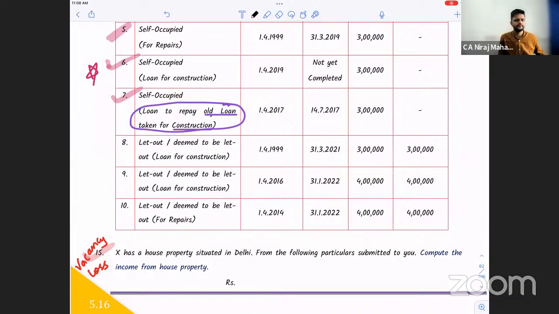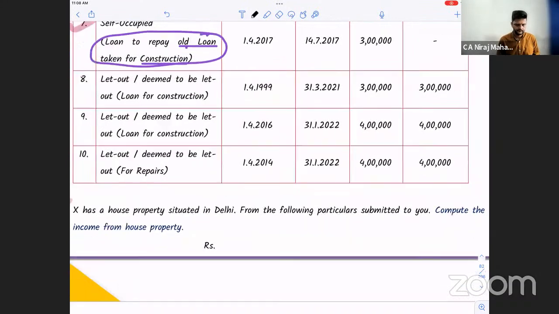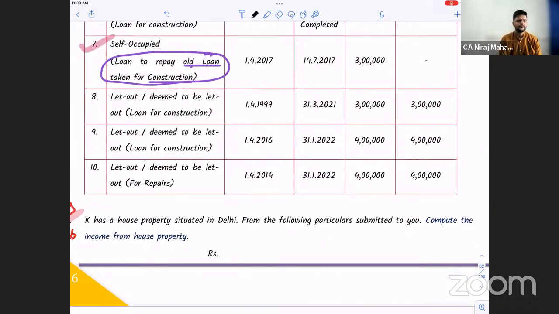Okay, Indrajit. Khushbu, 2 lakhs. All the answers I got. Only one answer was missing, which is nil.